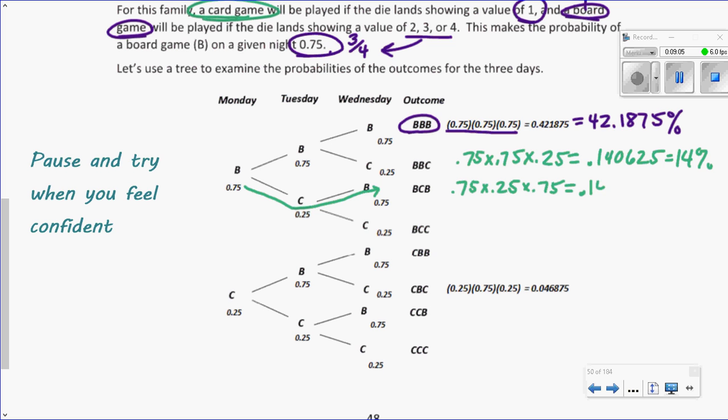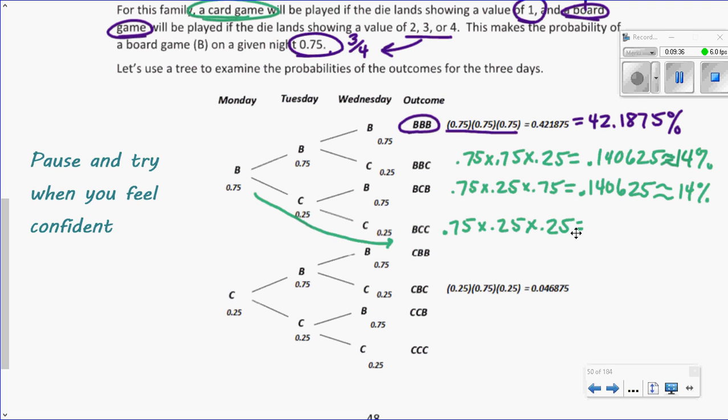Okay, so remember, I like math, I think I'm good at math, and I still don't like to do extra work if I don't have to. But I got to copy a little more carefully because I forgot one of the numbers. Anyways, it's about 14%. Okay, BCC is right here, and B is 0.75, and then the C's are 0.25 and 0.25.